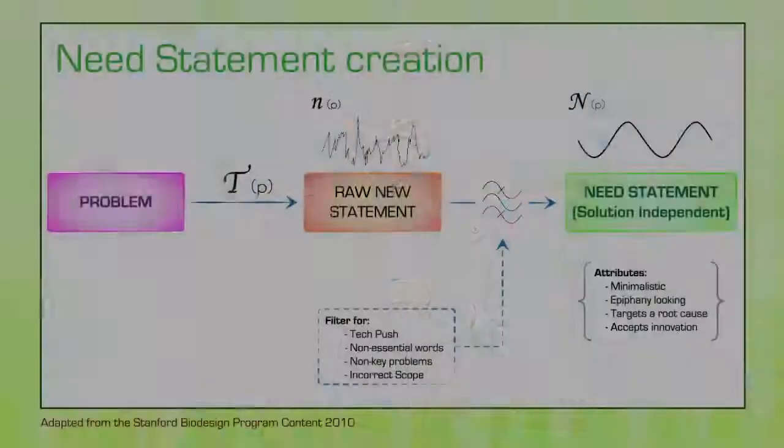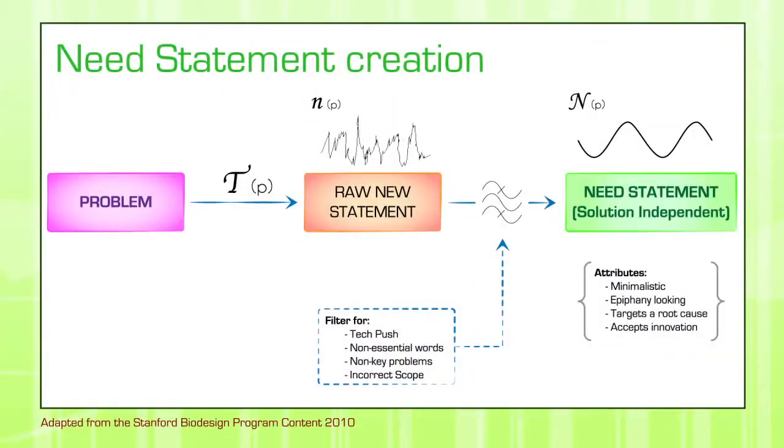And when doing that, and after filtering down this raw need statement or problem statement, then what you're going to have is this very pure, very simple need statement, okay? Which is Zen-like, it's less is more, it's very minimal, it goes to the root cause, it doesn't have any technology push in it, and at the end of the day, it gives you a sense of a eureka moment.